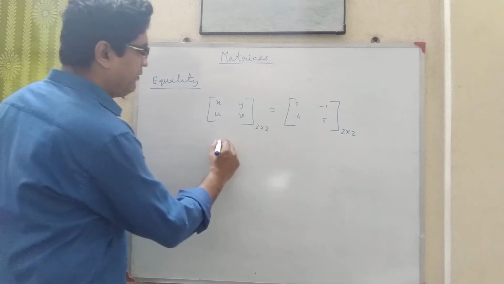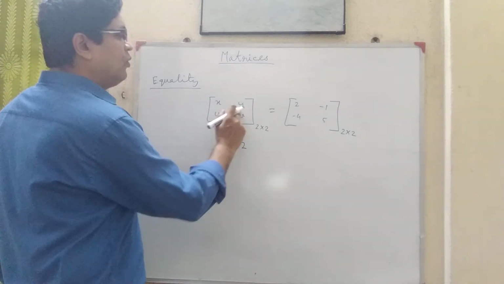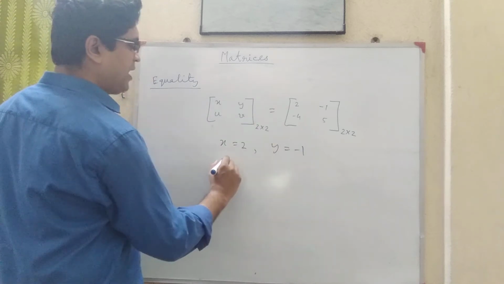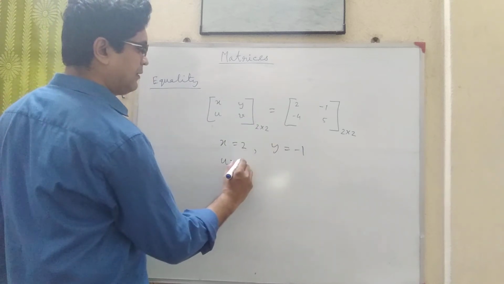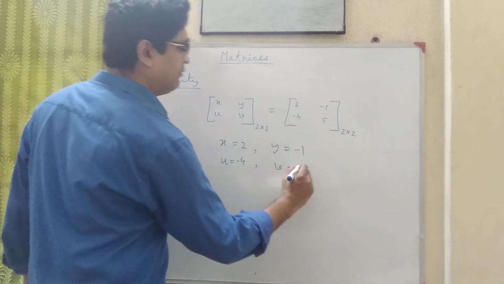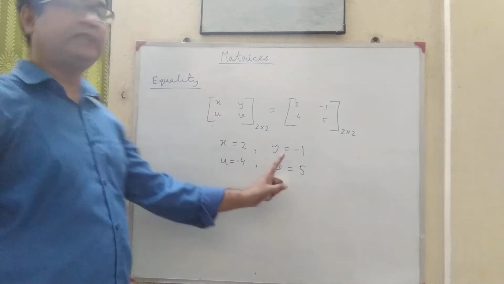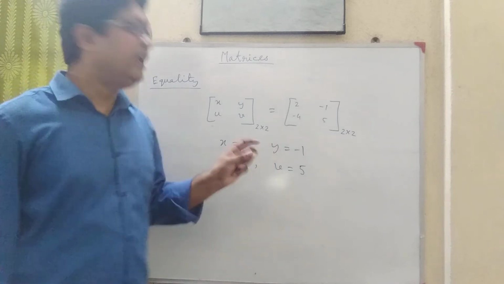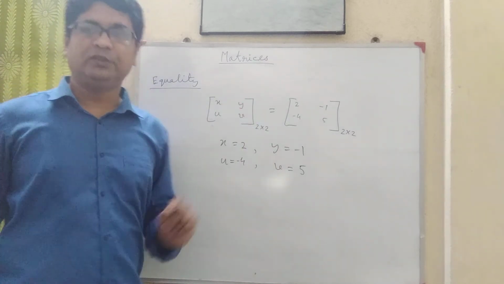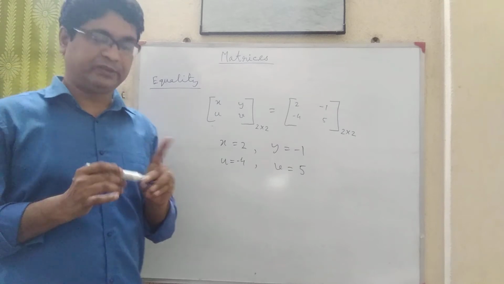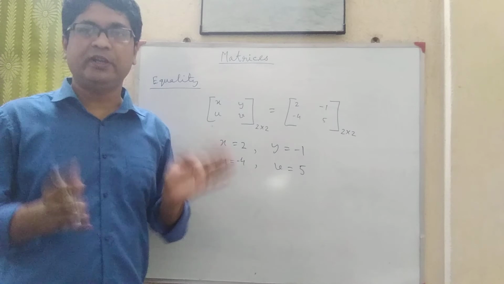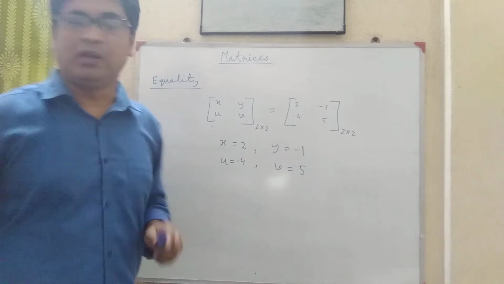So x is equal to 2, y is equal to -1, u is equal to -4, and v is equal to 5. If this holds, then we say that the two matrices are equal. So this is the equality of two matrices. First, their orders must be equal, and second, the corresponding elements must be equal.